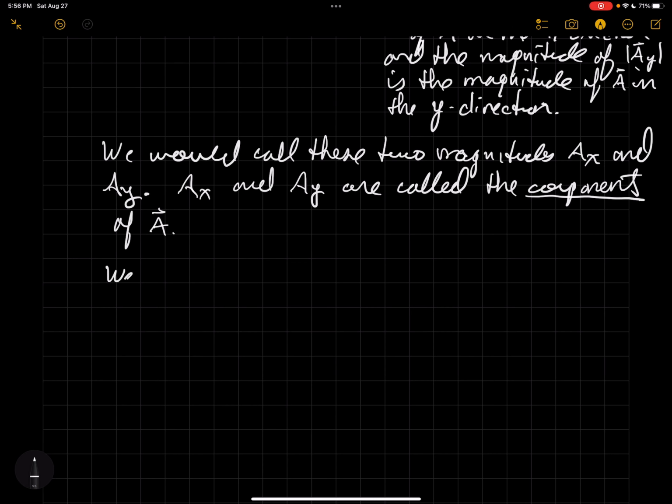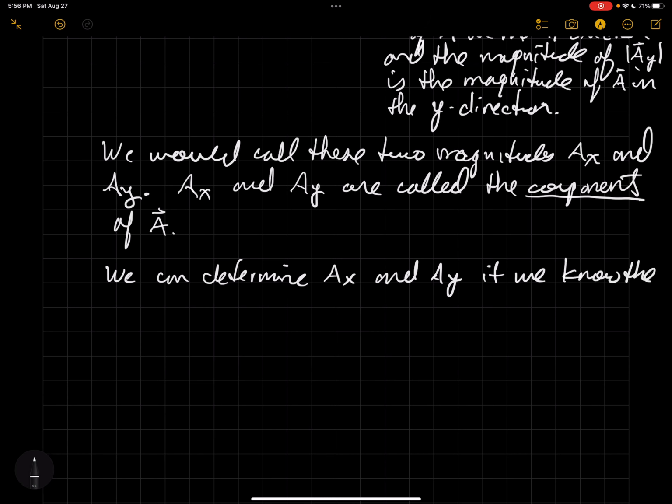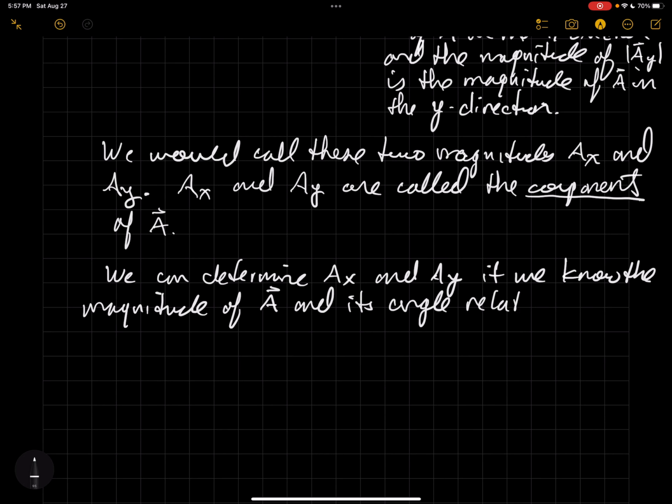We can determine the scalars AX and AY if we know the magnitude of A and its angle relative to a common reference point.